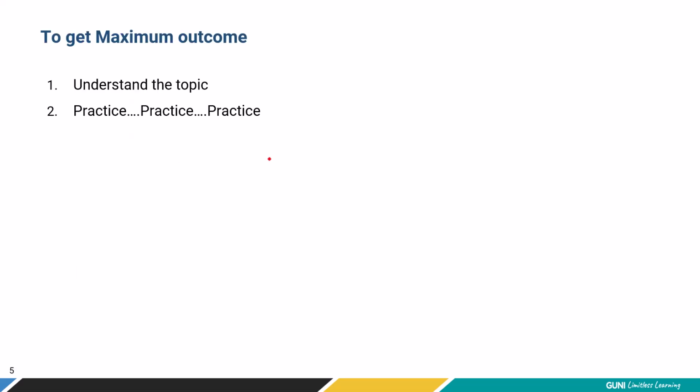Now to get the maximum outcome from the course, you need to understand the topic thoroughly. If you are not getting it, you just go back to the video or you can just refer to the reference book, right? Once you understand it, now practice that concept. One or two or more exercises you have to complete so you can thoroughly understand the concept.